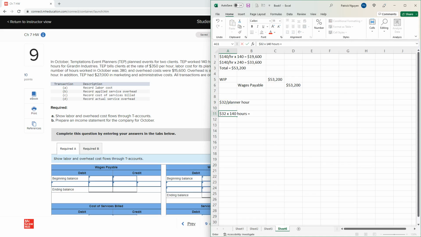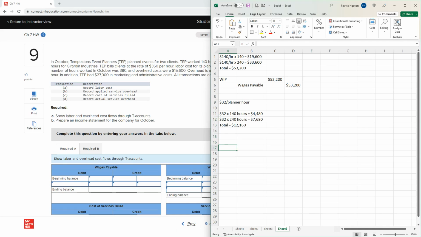The total for that is $12,160. So the journal entry for B would be to debit work in process for $12,160 and then credit applied service overhead for $12,160.